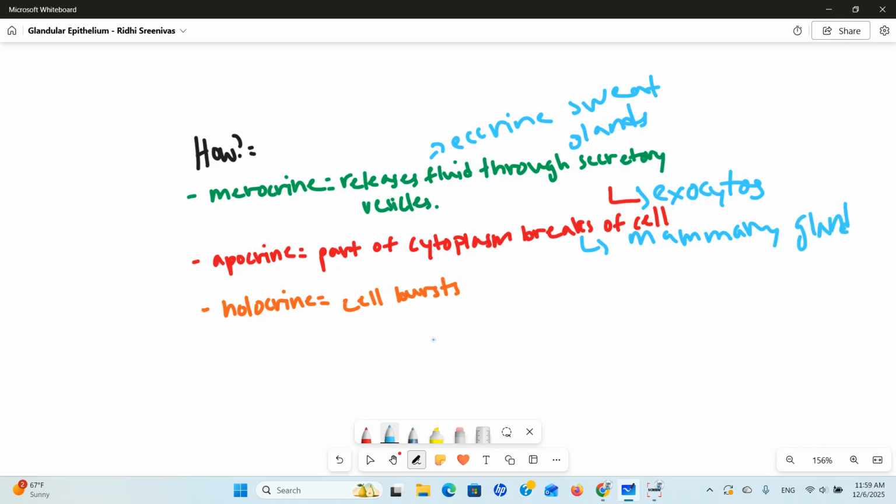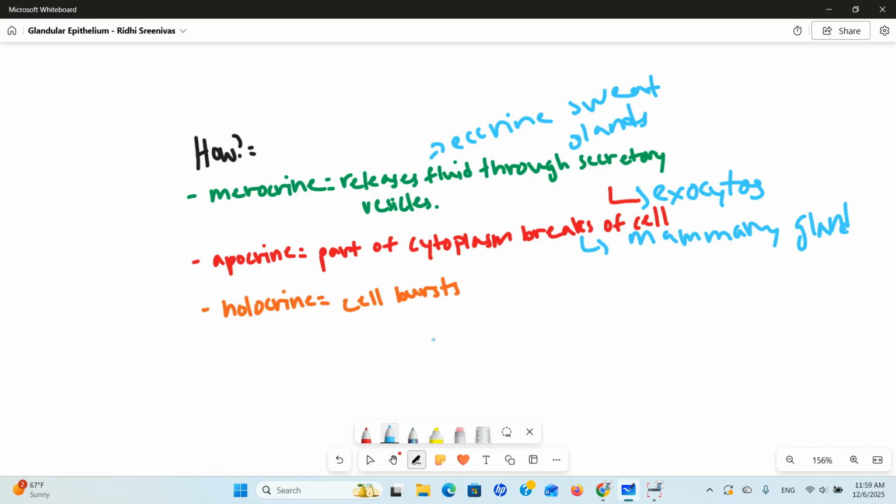And the last method of secretion is holocrine secretion, where the exocrine gland cell bursts so that it can release this secretion. But that in turn destroys the gland cells.